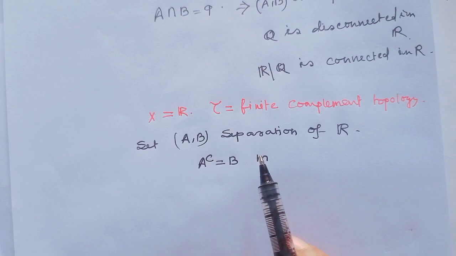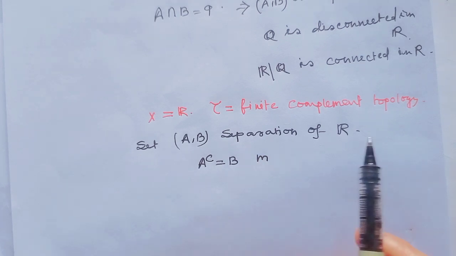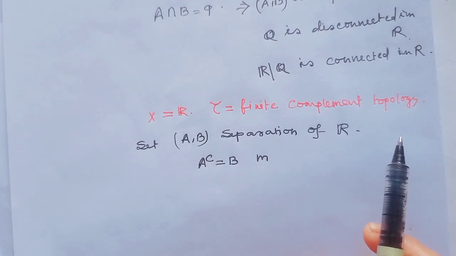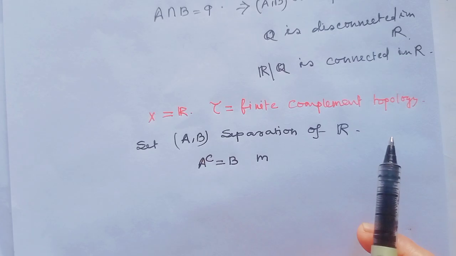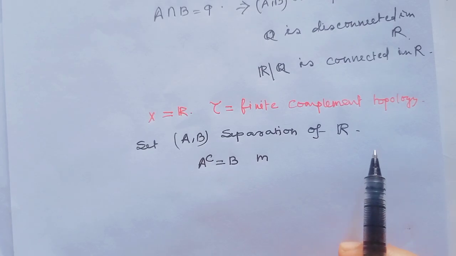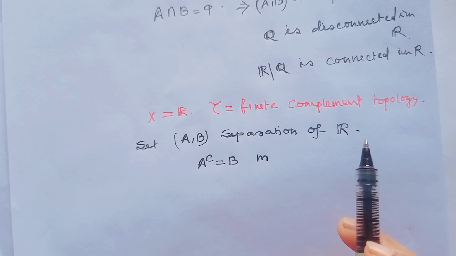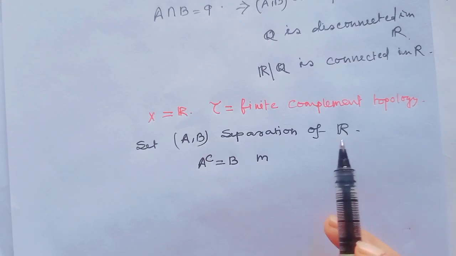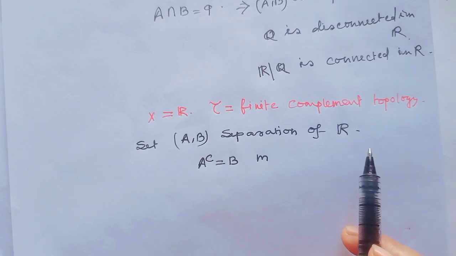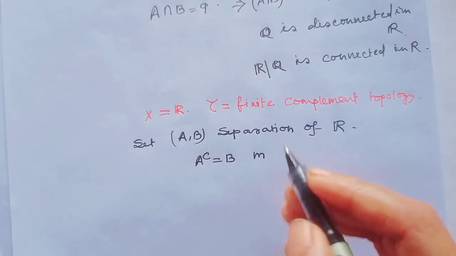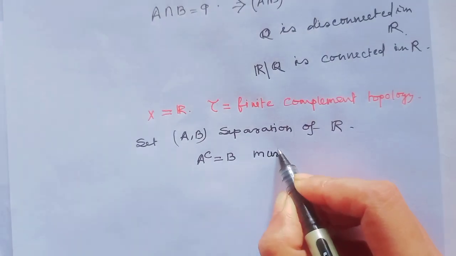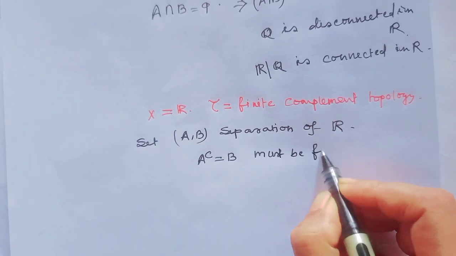Next, X equals R and tau is the finite complement topology. In the finite complement topology, R is connected. Why? At first, suppose it is not connected, then let A and B be a separation of R. Then A complement equals B, which must be finite.